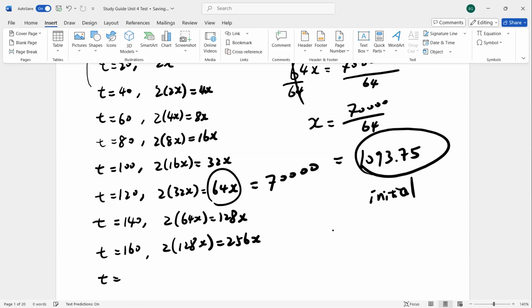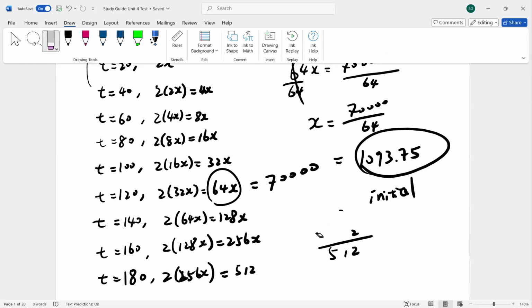And after another 20 minutes, which is 180 minutes, we double the 256x, and that gives us 512x. Double check. Yeah, correct.